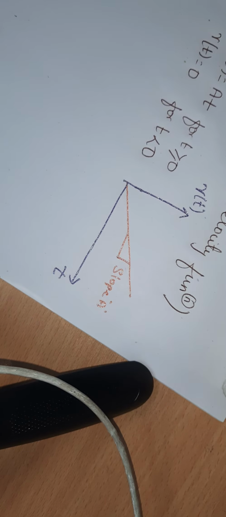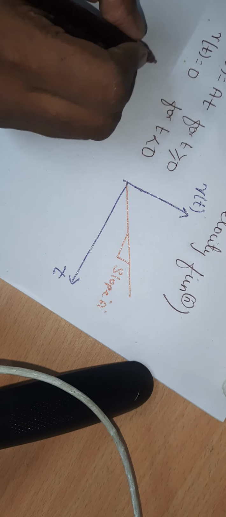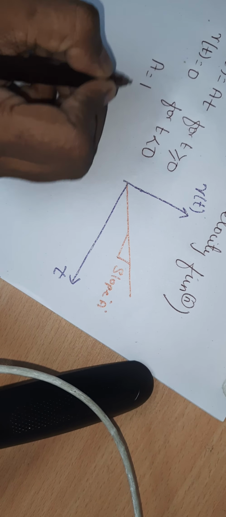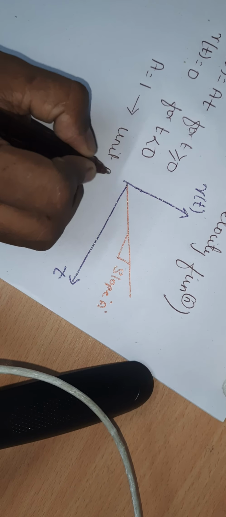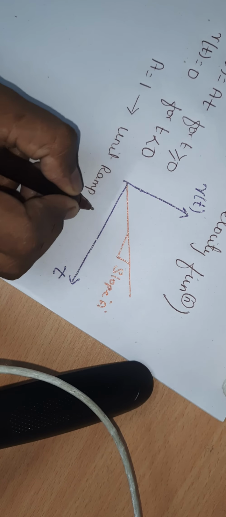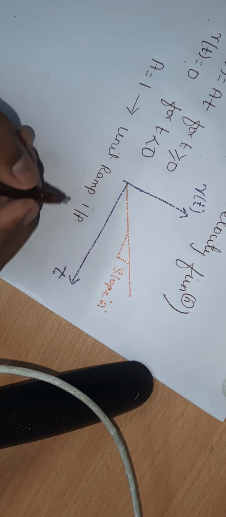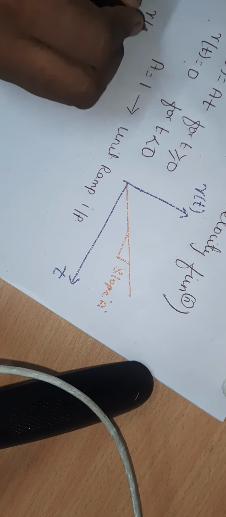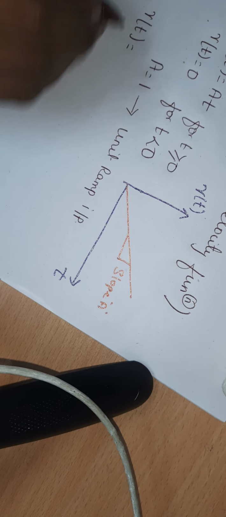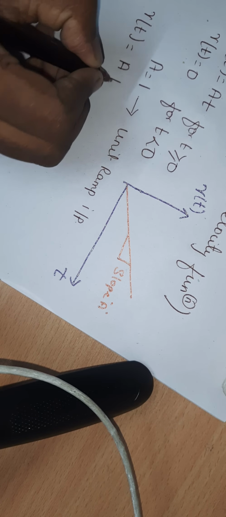Okay. Next, if A is equal to 1, then we call it a unit ramp input. In Laplace, how is it denoted? R of t is equal to A into t.